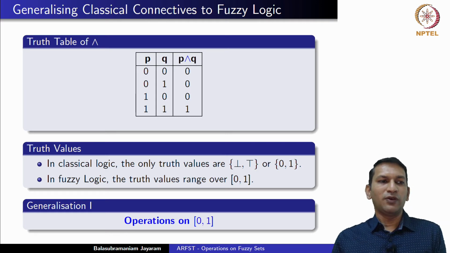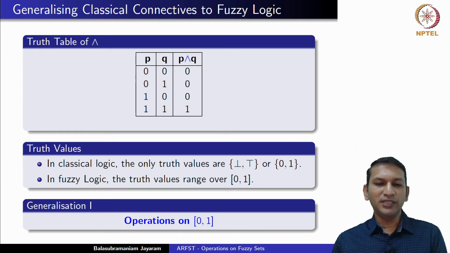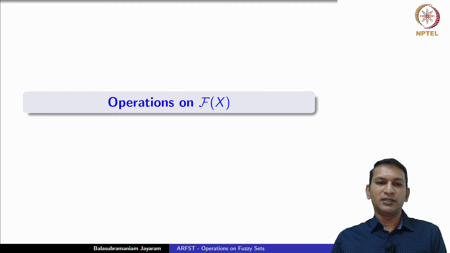Just as classical set-theoretic operations can be looked at as operations on the set {0, 1}, we can look at fuzzy set-theoretic operations as operations on the entire unit interval [0, 1]. What does this mean? Let's look at them not as operations on {0, 1}, but as operations on the set of fuzzy sets.